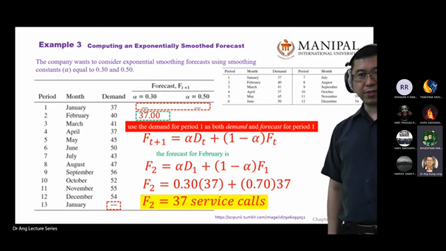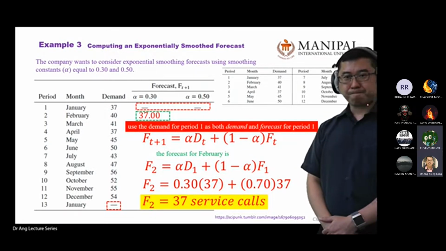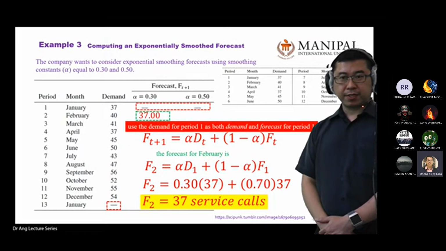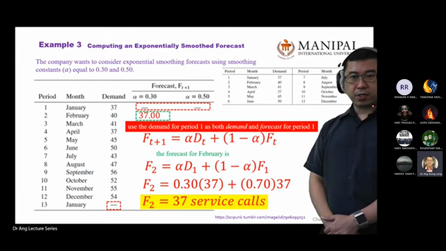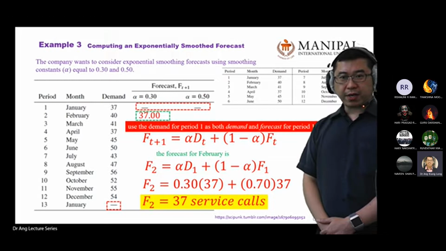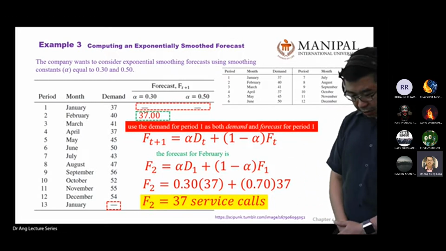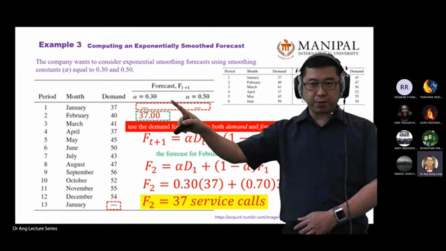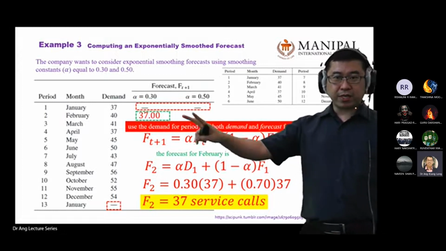Yeah, go ahead. What question? Sir, why are we not using the 0.5? For the alpha value? Okay. What alpha are we calculating now? The green box falls under alpha 0.3.